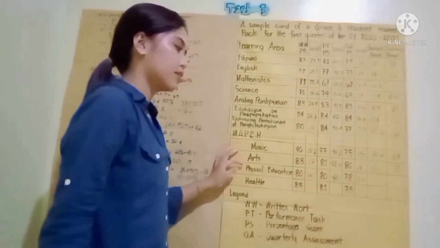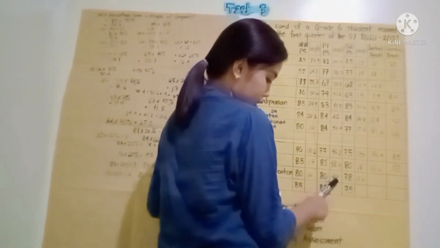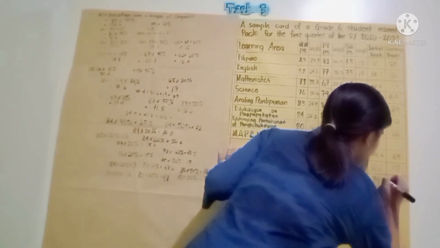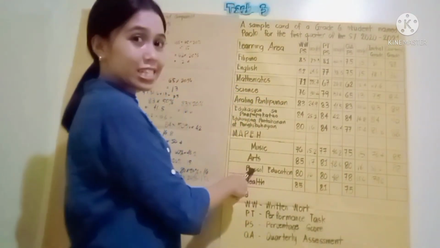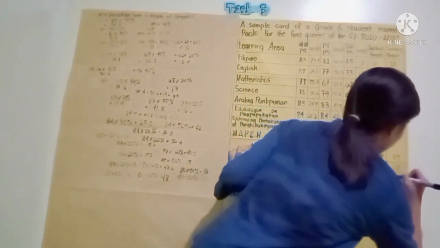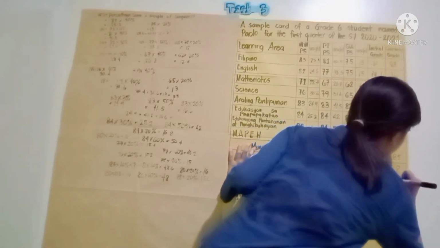So the total weighted score is 79.6, which is the initial grade of Paulo in physical education. So 87 is the transmuted grade, which is his quarterly grade.